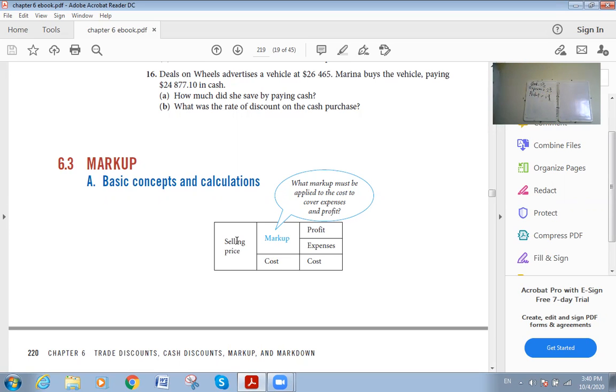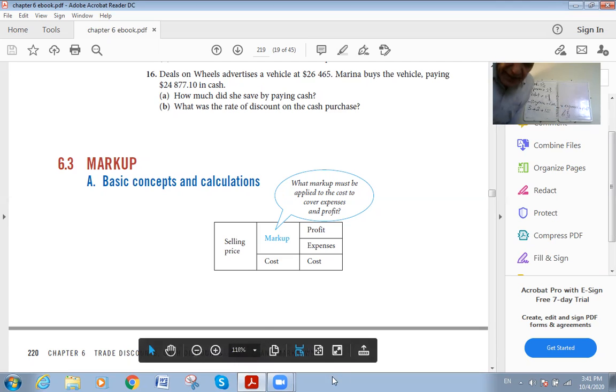Then the selling price equals cost plus expenses plus profit. So the cost is $3 plus expenses $2 plus profit $1. Then the selling price will be $6.